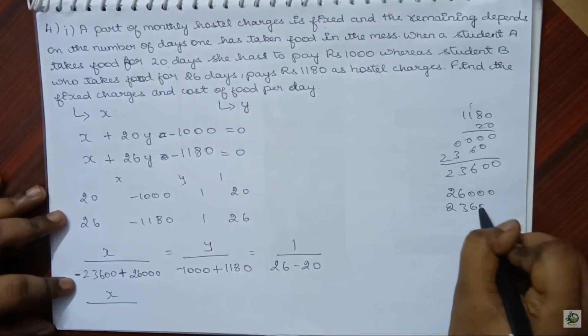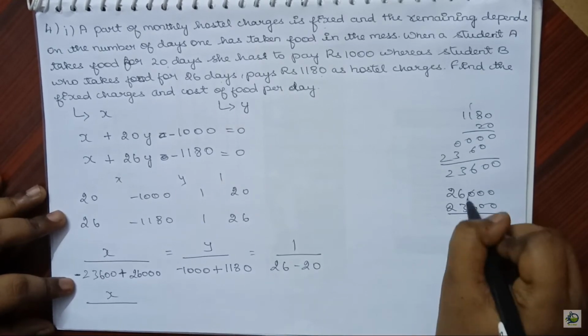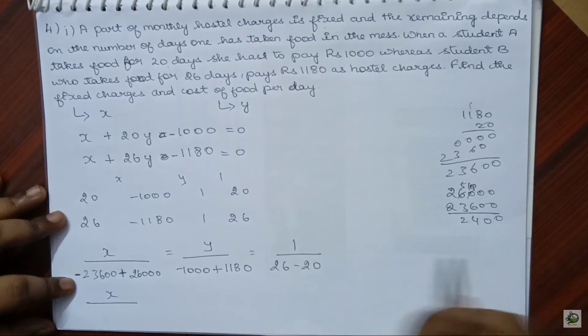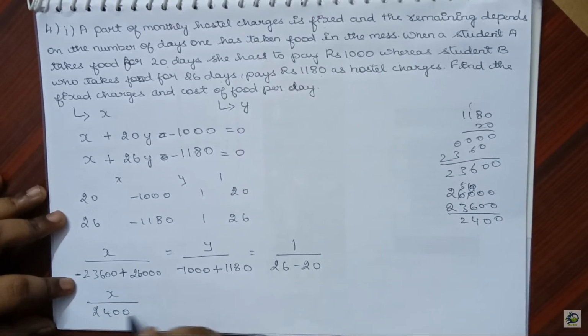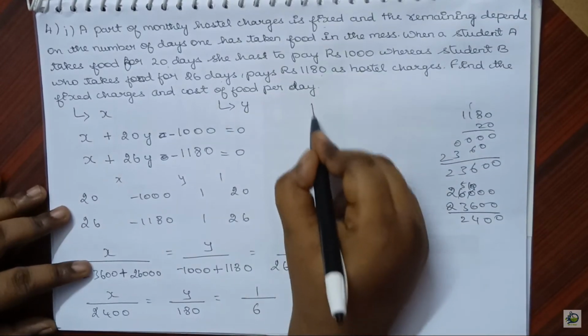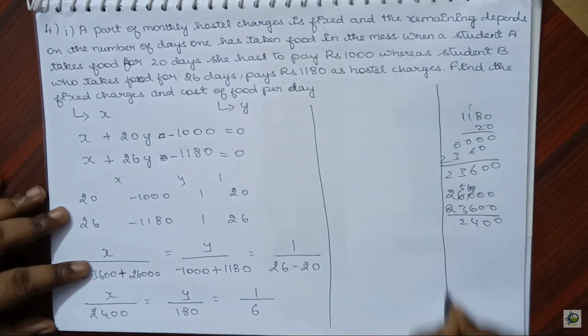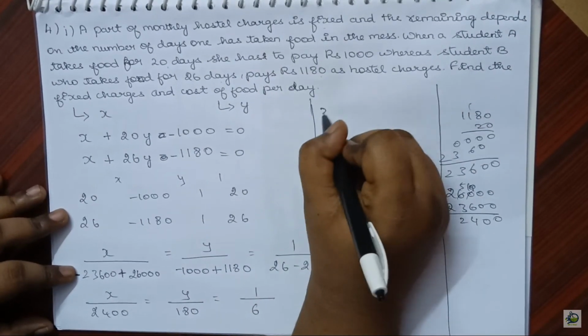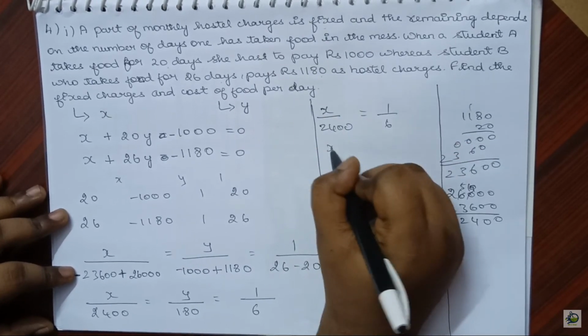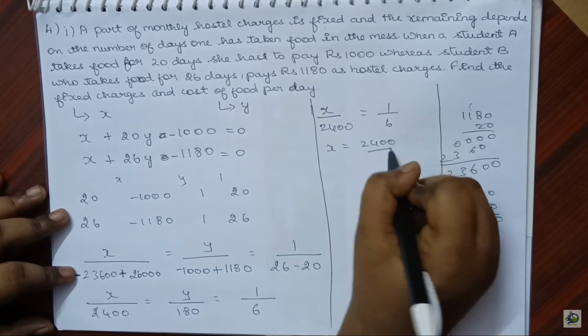So x by 2400 equal to y by 180 equal to 1 by 6. So now what we are going to do is equate and find x. X by 2400 is equal to 1 by 6. So x is equal to 2400 by 6.